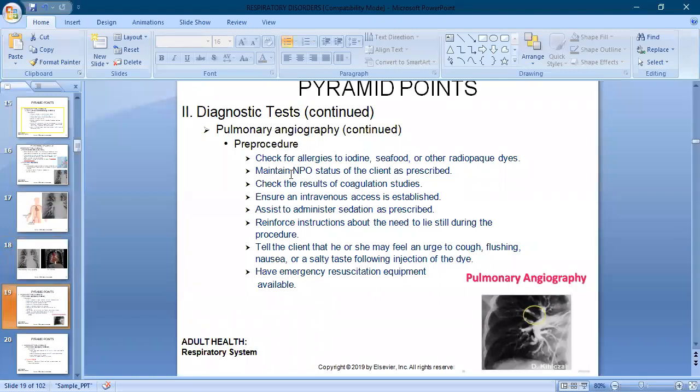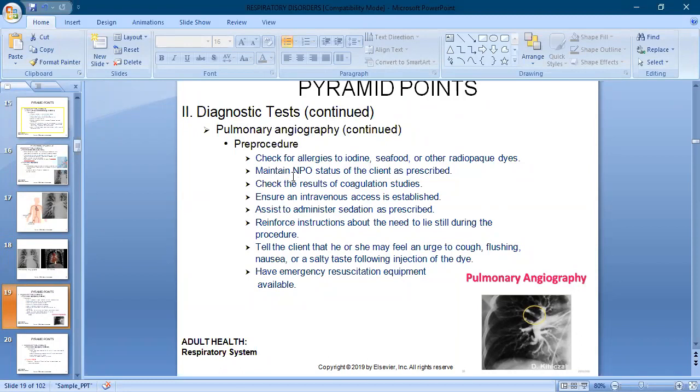What do we have to educate the patient? Check the allergy to iodine or seafood or other radiopaque dye. If the patient has a history of this, they are not a good candidate for pulmonary angiography. So as an RN, it is your responsibility to find out whether there is any kind of allergic reaction or not.